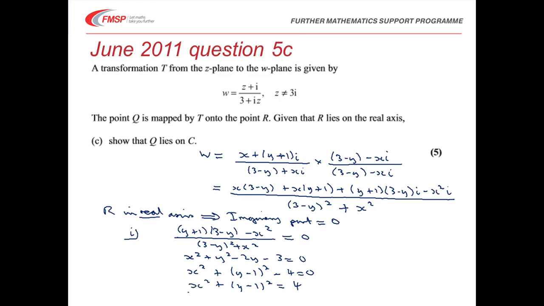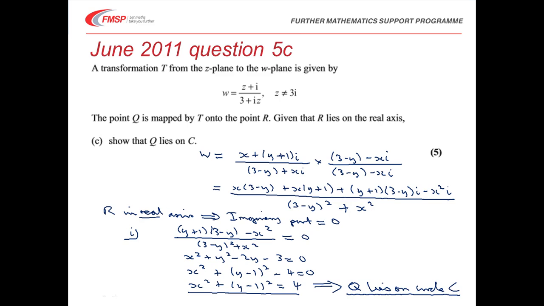And that is the circle that we had earlier on. So that shows that Q lies on the original circle C. The condition for x and y was the original circle C, so that's where Q must lie.